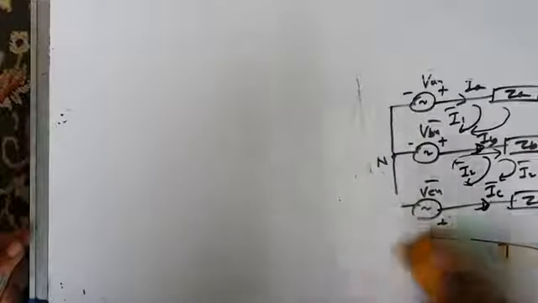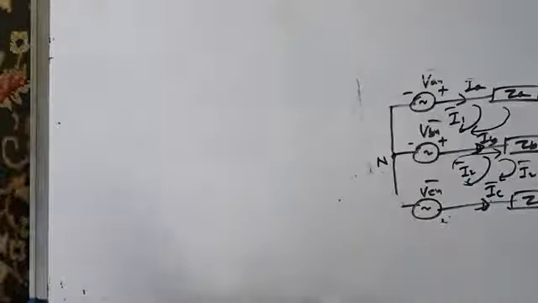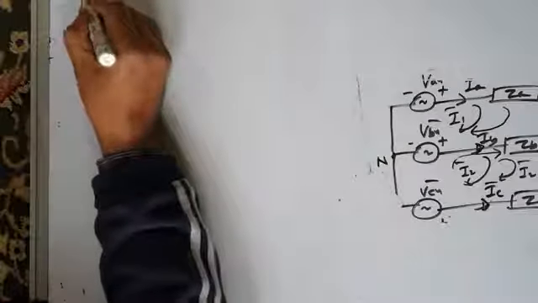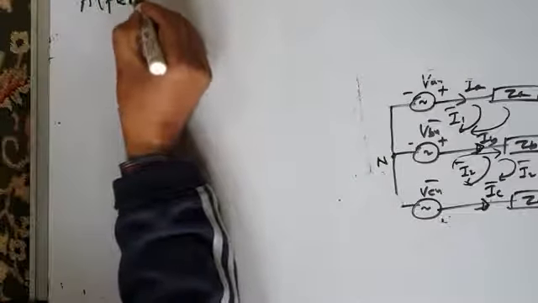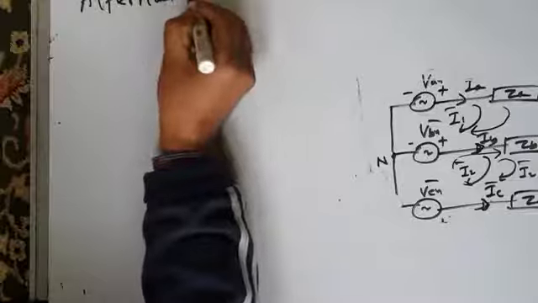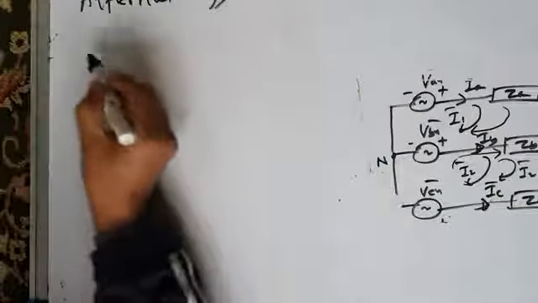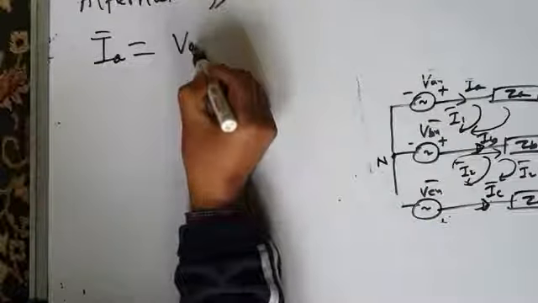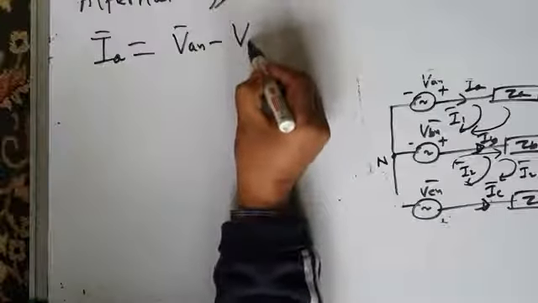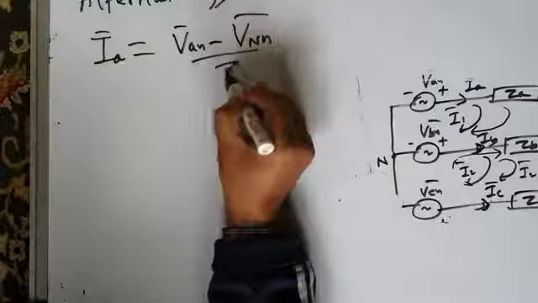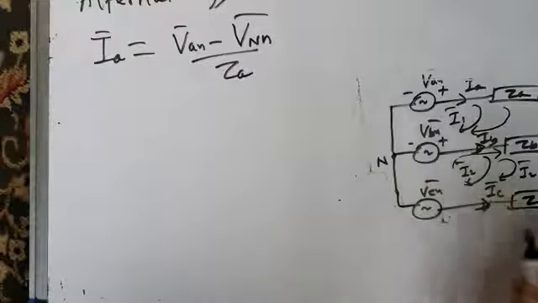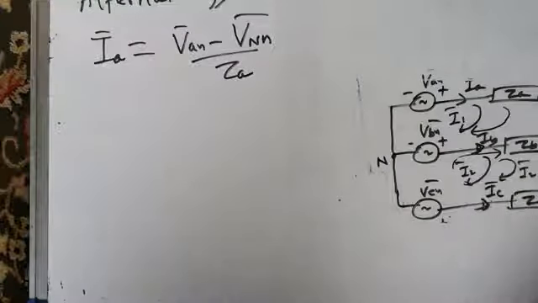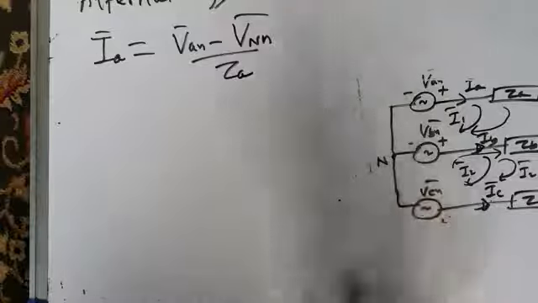Another way of solving the circuit and finding line currents is, for example, I will write here alternatively. Alternatively, you can find this line current IA also. IA is equal to VAN minus VNN by ZA. Since this is three-phase, three-wire system, neutral of load is not connected to neutral of source.